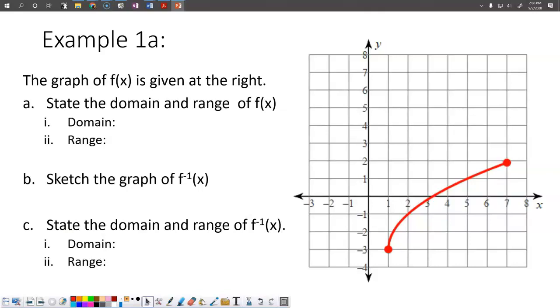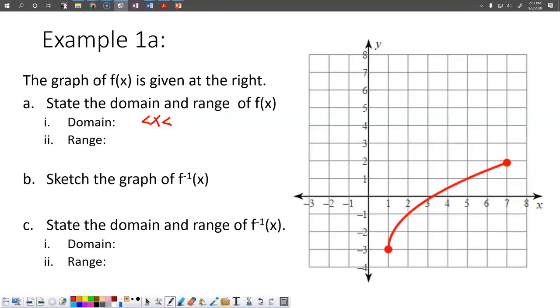So the first thing we want to do today is explore and work with this idea of what inverse functions and their graphs look like. Also, we'll look at the domain and range a little bit. So here we go. The graph of f is given at the right, so the red line over there represents f. The first thing I want to do is state the domain and range of that line.